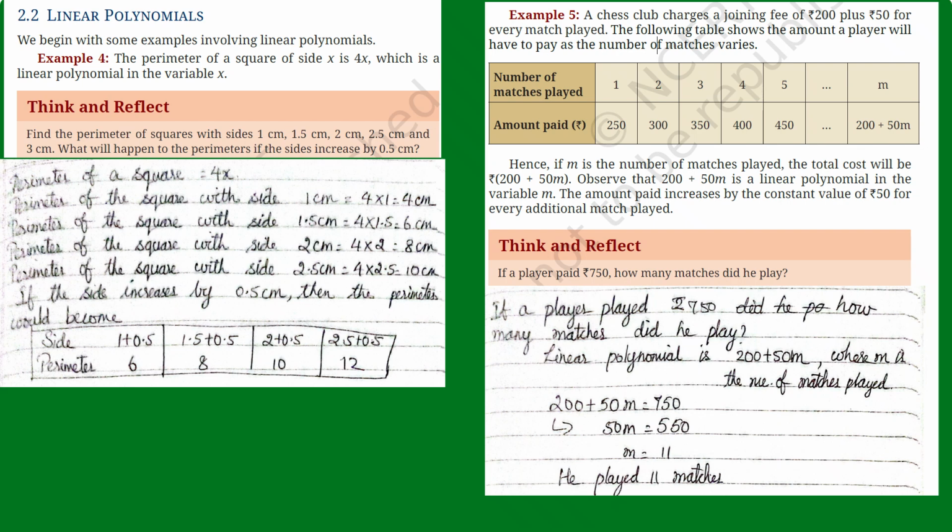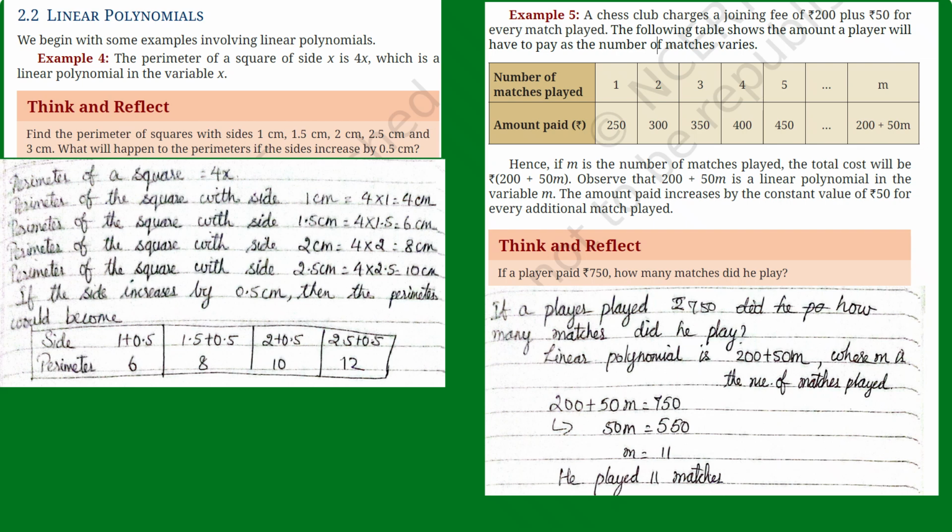That is the value displayed in this tabular column. This is the data that we can get for each number of matches played. How do we interpret this in the form of a linear polynomial is of interest here.